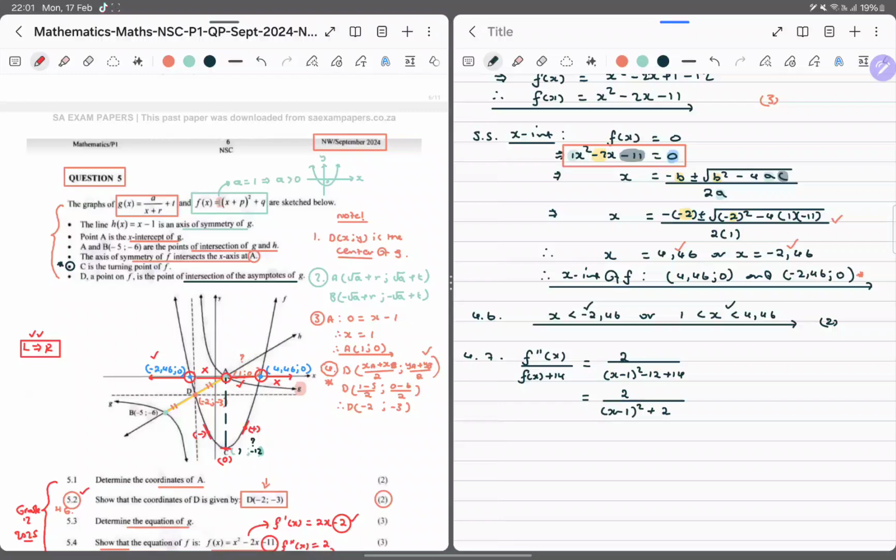Now, once we have done this, we're going to ask ourselves, for the maximum value of f of x plus 14, this is going to be equal to what?